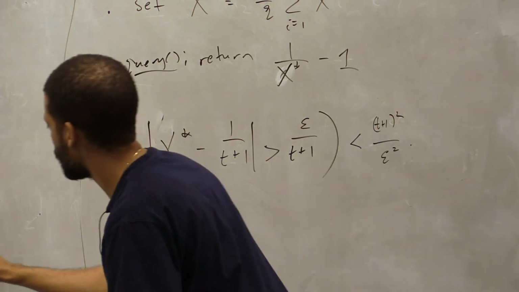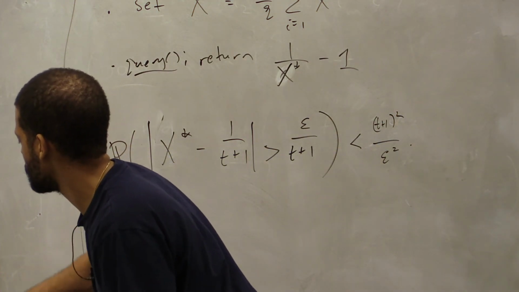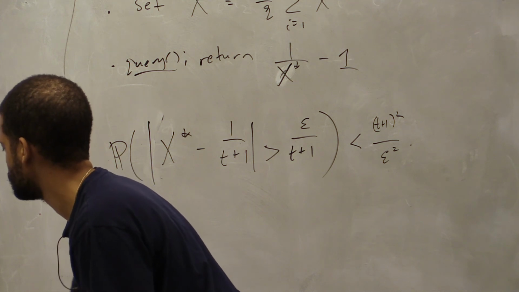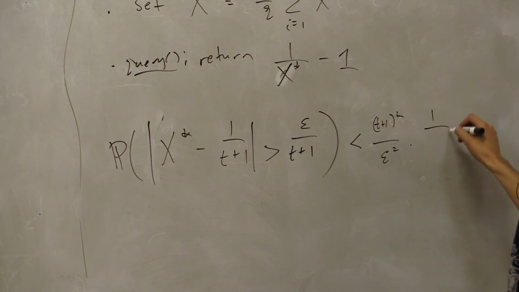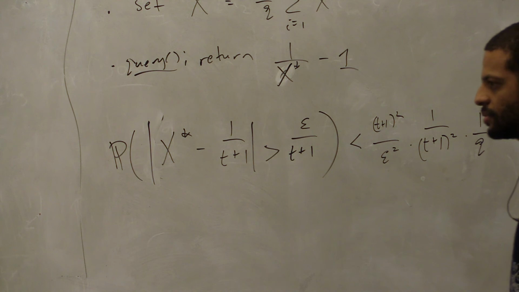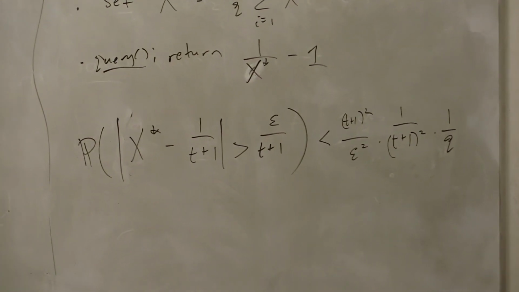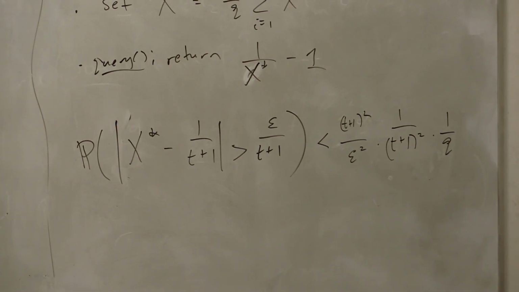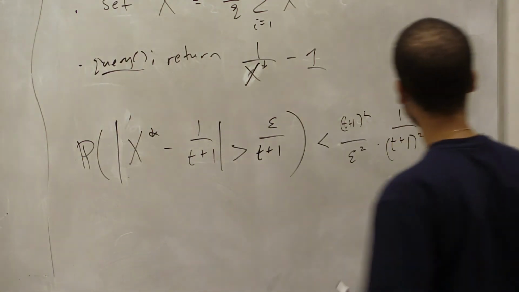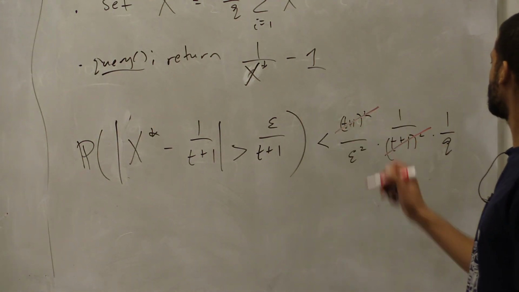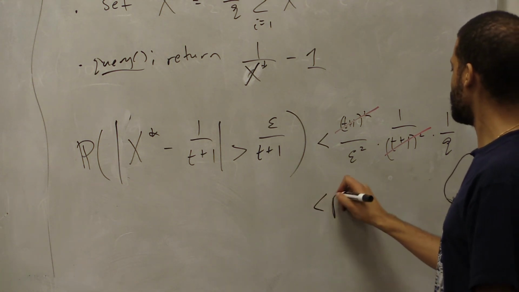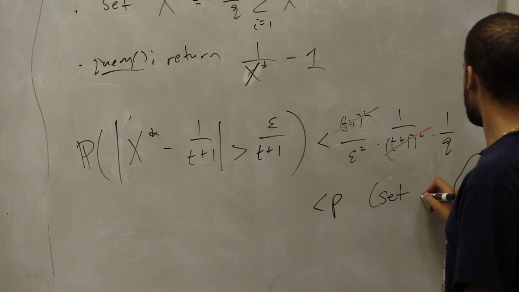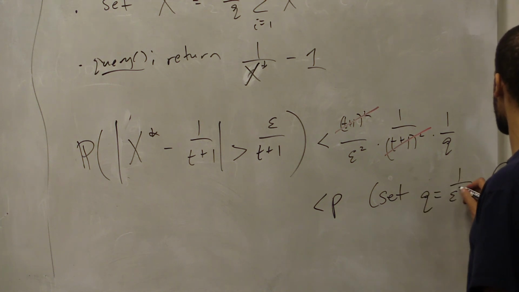And we know that the variance of one copy was less than 1 over (t plus 1) squared. So it's 1 over (t plus 1) squared times 1 over q. And then now we get some nice cancellations. This cancels that. And then I can make sure that this is less than p by setting q to be, again, 1 over epsilon squared p.